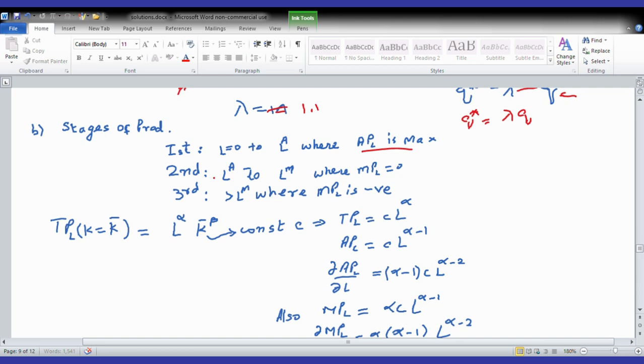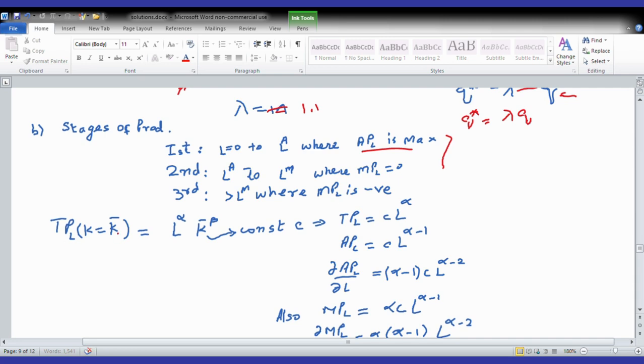The second stage of production is where the employment of labor goes from LA, at which the average product of labor is at its maximum, to LM, where the marginal product of labor has become equal to 0. And then we have the third stage of production, which is having employment greater than LM, because it is greater than LM, this means the marginal product should be negative. So these are the stages of production.